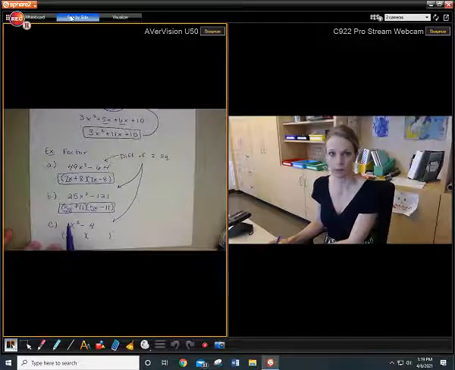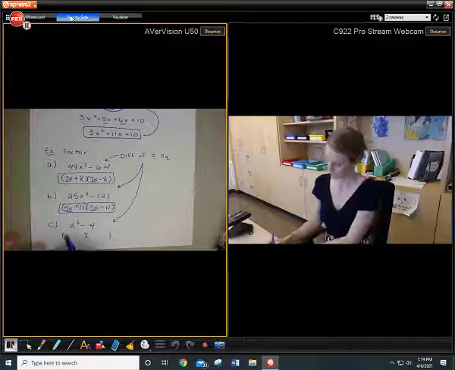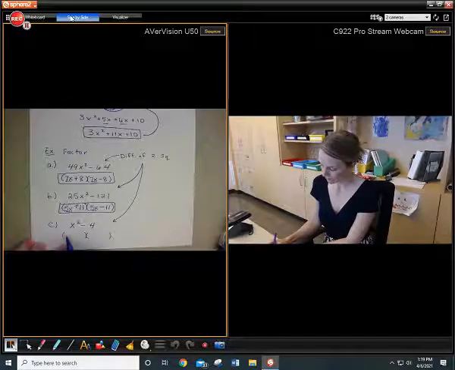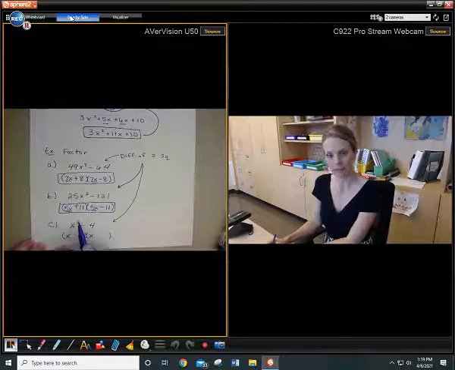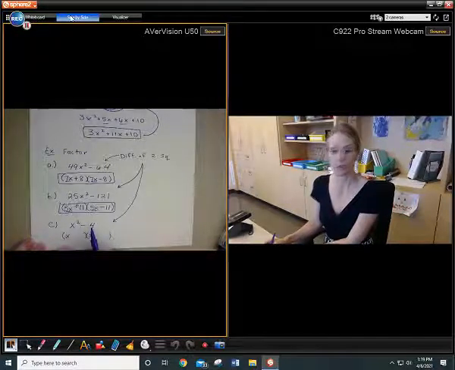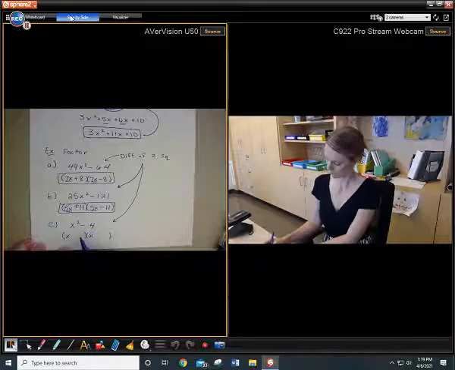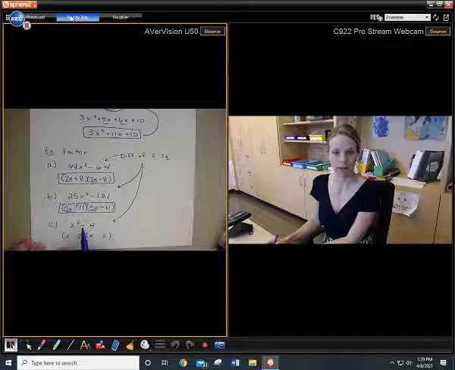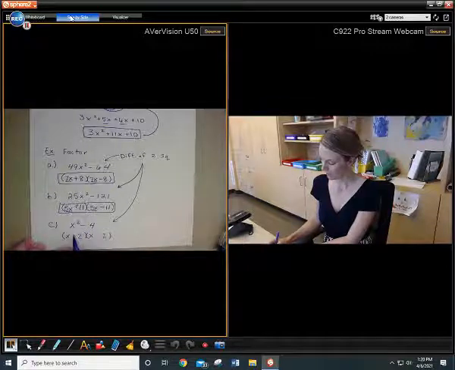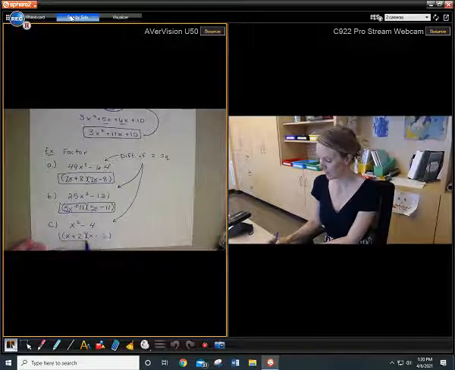What number squared was 1? 1. So I could put a 1x in front of these, or I could just put an x. And x times an x is going to give me the x squared. Now, what number do we square to get the 4? 2. Since they have to multiply to be a negative 4, that means one has to be a positive and one has to be a negative.